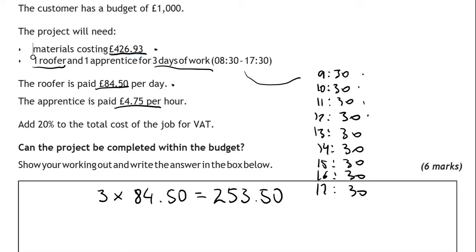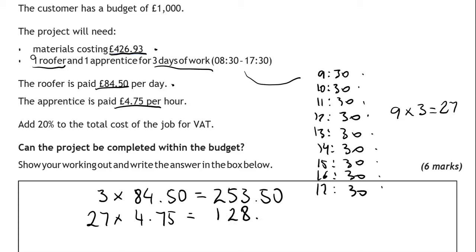That's 1, 2, 3, 4, 5, 6, 7, 8, 9 hours. So that is 9 hours per day, and it's 3 days, so 27 hours in total. So 27 times £4.75 gives us £128.25.